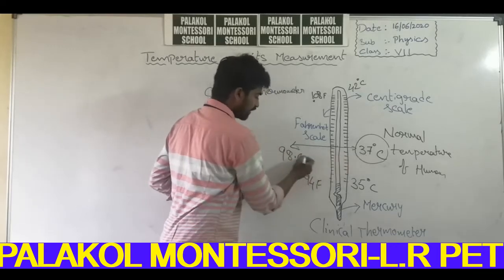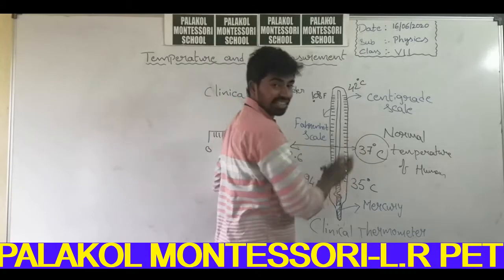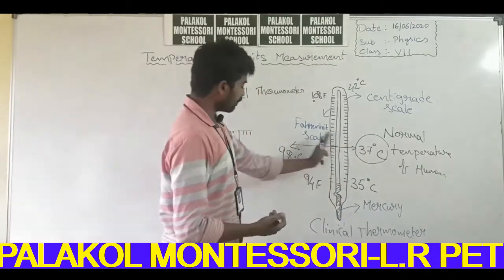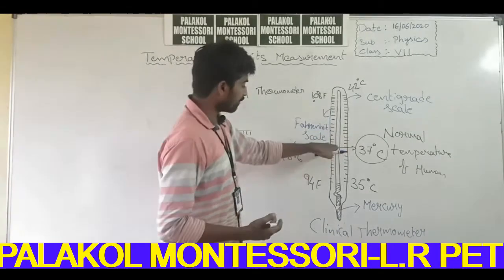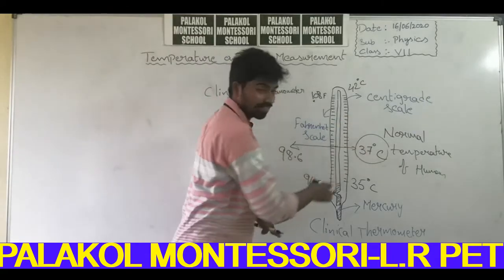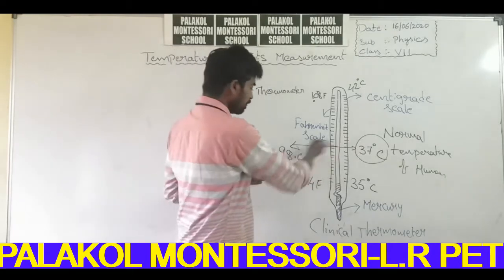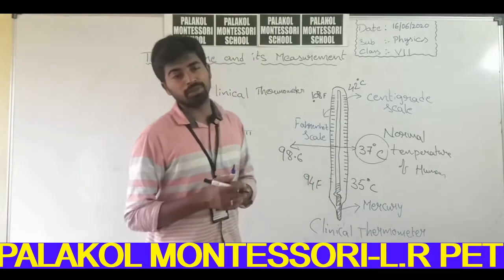In the centigrade scale we will observe the reading as 37, and on the Fahrenheit scale the level of mercury indicates 98.6 if you are measuring the human body temperature.